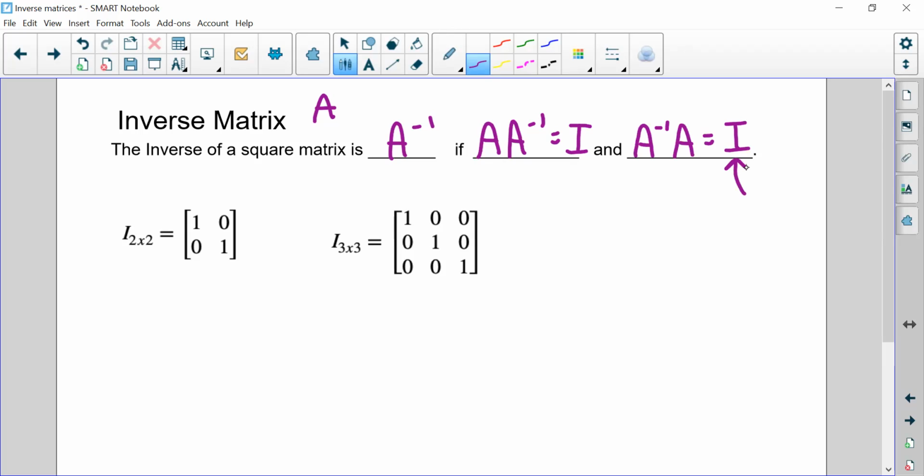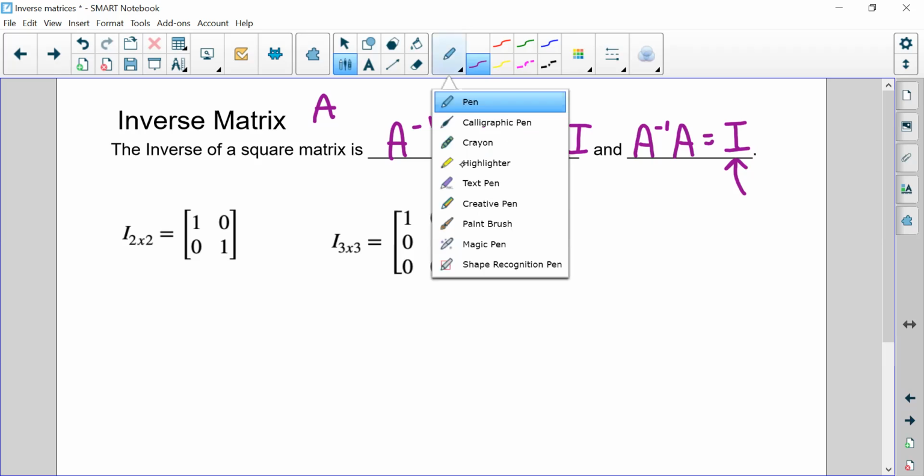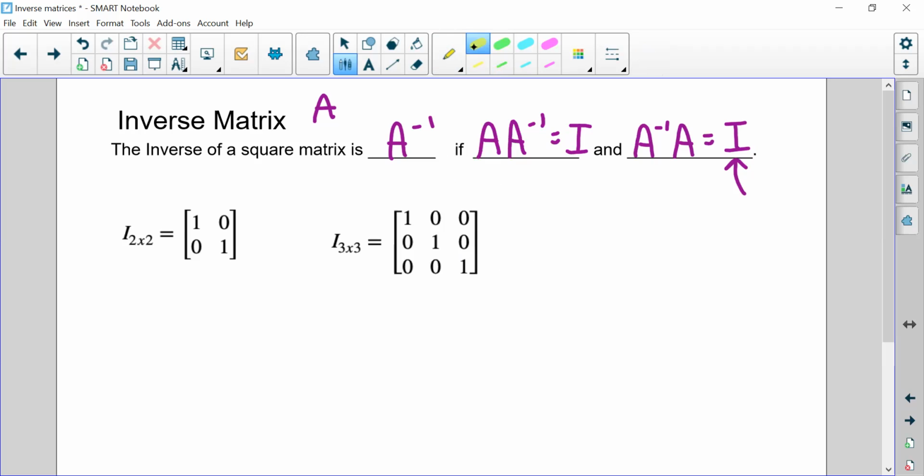The identity matrix, I put two examples here. These are two examples of identity matrices. Basically, an identity matrix is a matrix where the main diagonal is all ones, and all other entries are zeros.